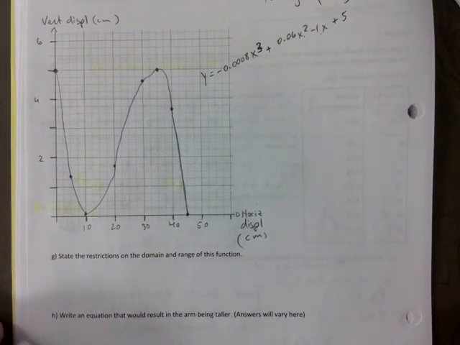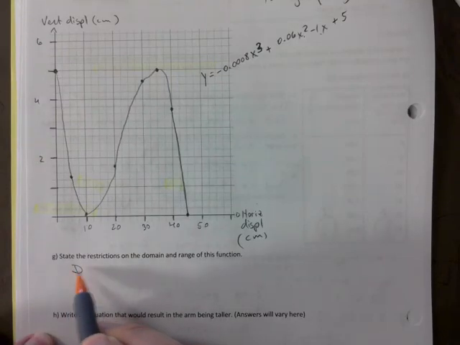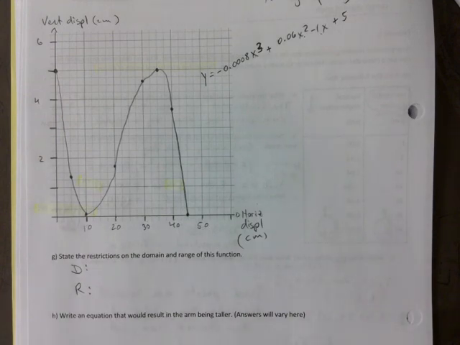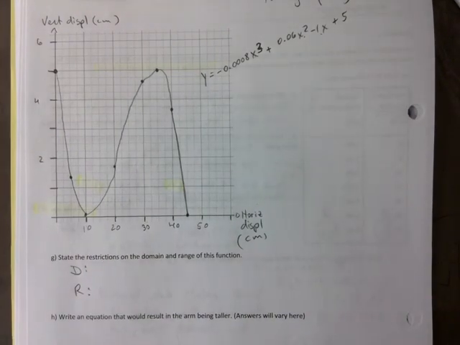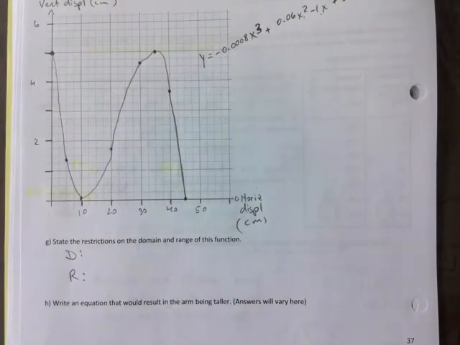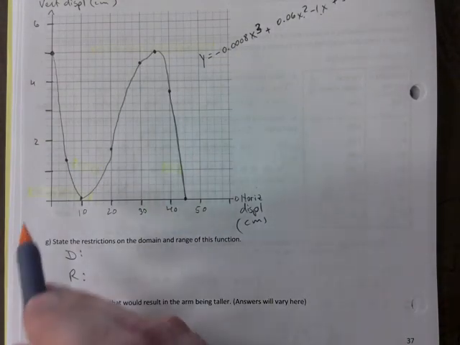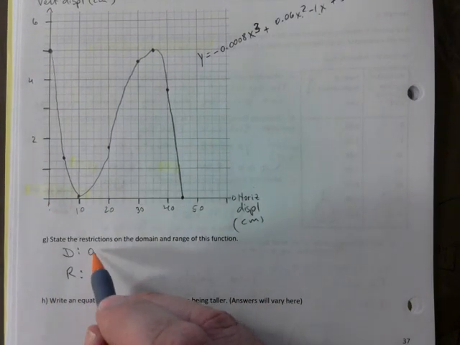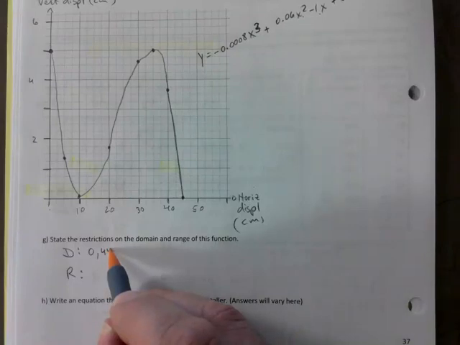State the restrictions on the domain and range of this function. Could you do it? So basically the graph is the best way to do this, right? The scenario starts when it comes to the x values, it's 0 to 45 or 44.99, right?